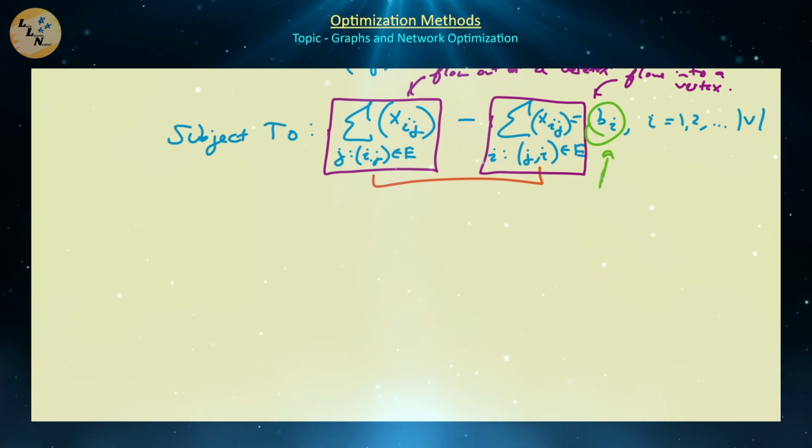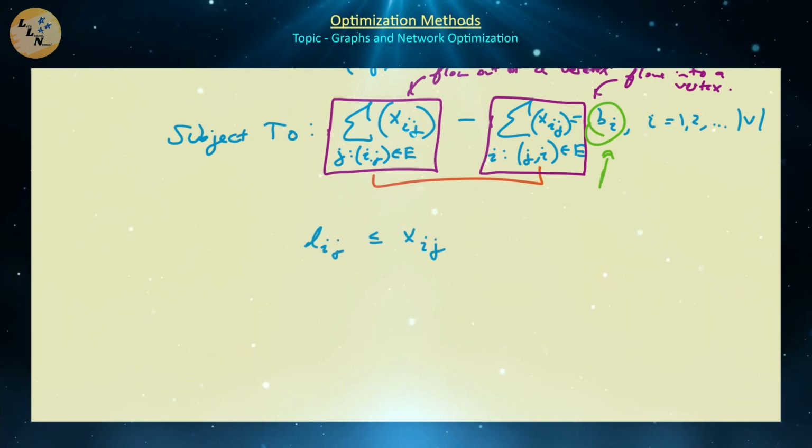And of course, our constraints are that Lij must be less than or equal to xij, which is less than or equal to Uij, which is going to be defaulted to xij greater than or equal to 0 if no other restrictions are imposed.